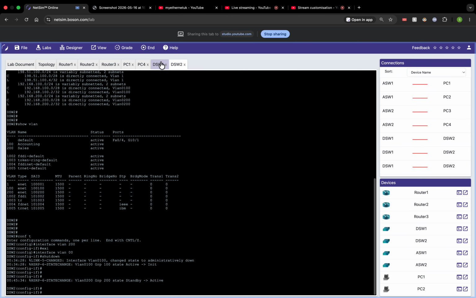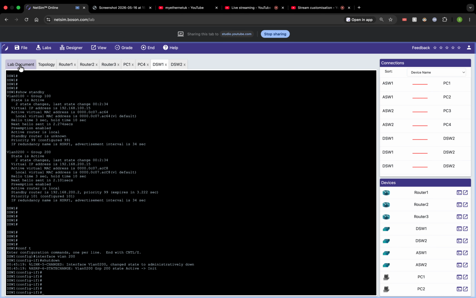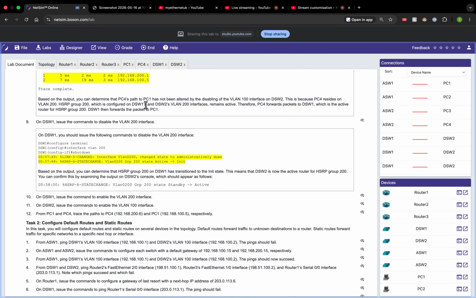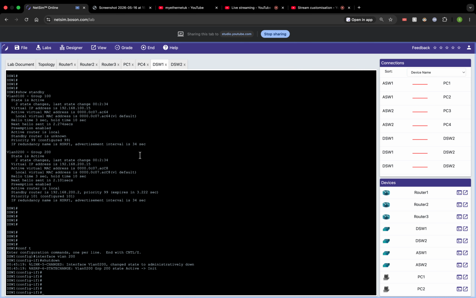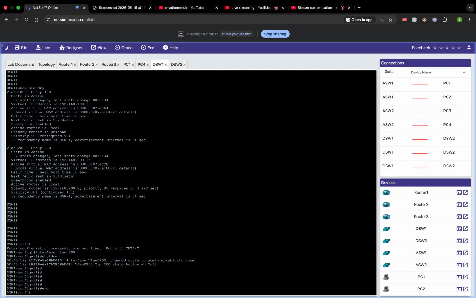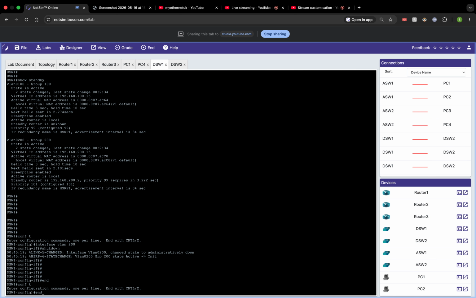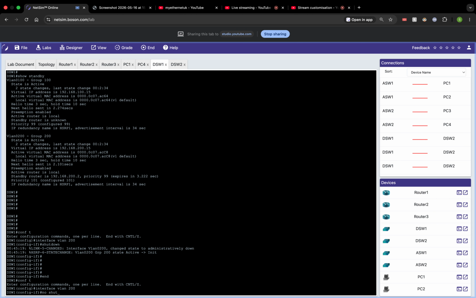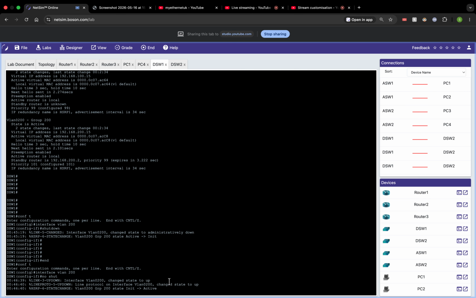Remember, DSW1 was the original active router for that group, so now we are taking that job away from it by disabling the VLAN 200 interface.